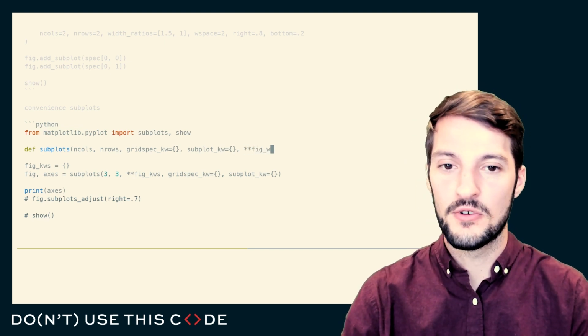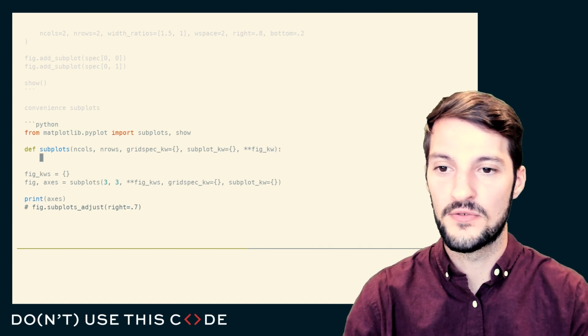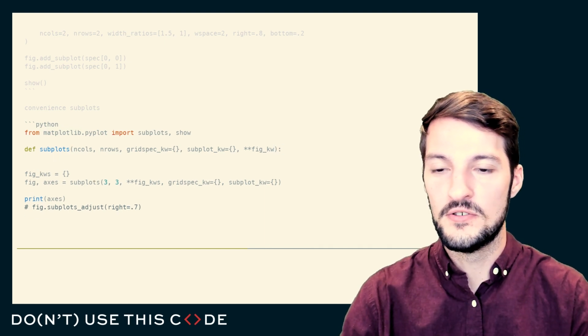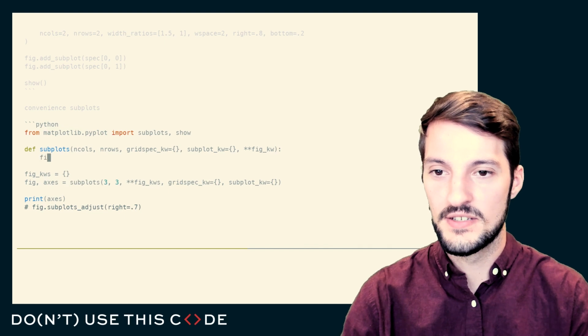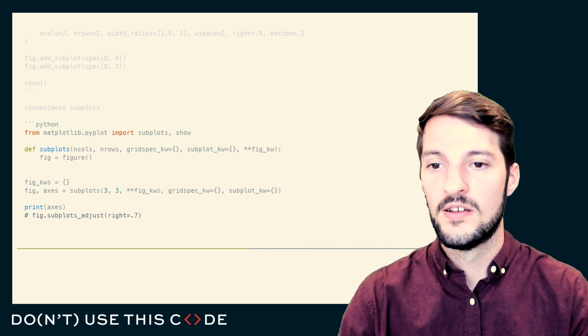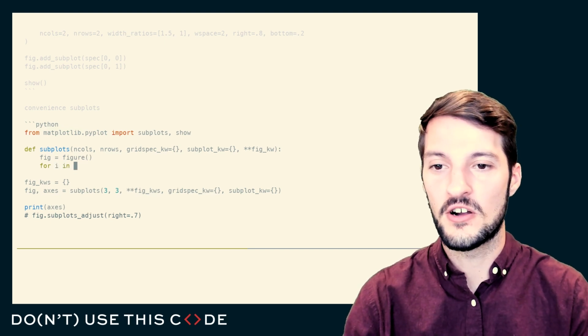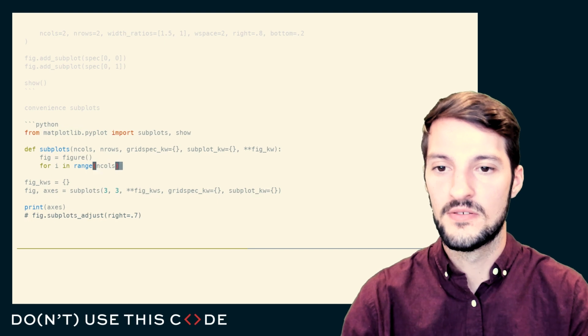And then all other keyword arguments are passed to the figure object itself. And so if I were to use the Matplotlib interface, we would create a figure here, right? And then we would actually iterate over the rows and columns. And that would be range.